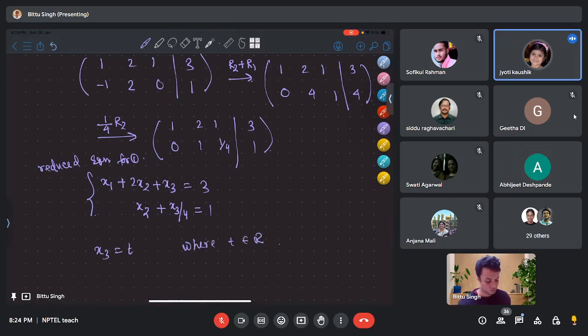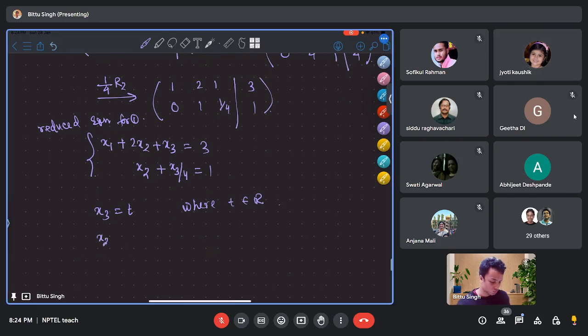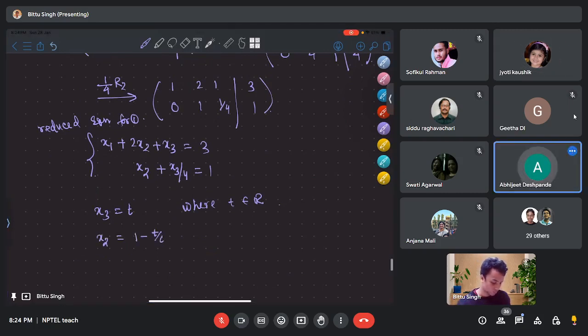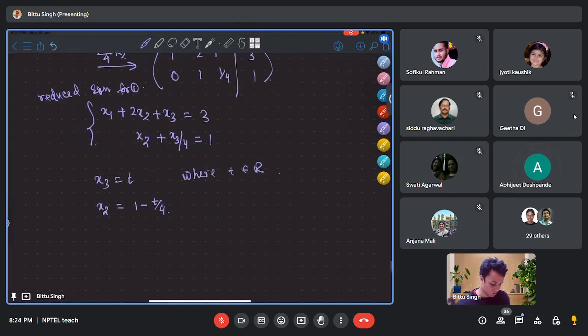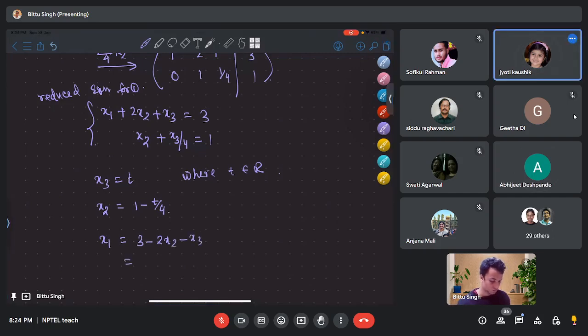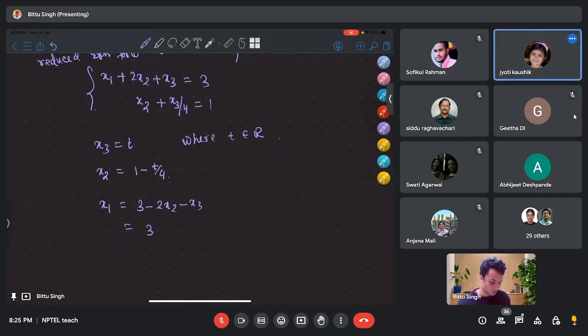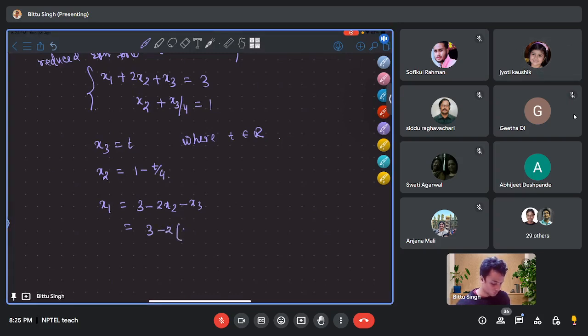And then what will be x2? x2 is 1 minus t by 4. And what will be x1? x1 is 3 minus 2x2 minus x3, which is 3 minus 2 times (1 minus t by 4) minus t.